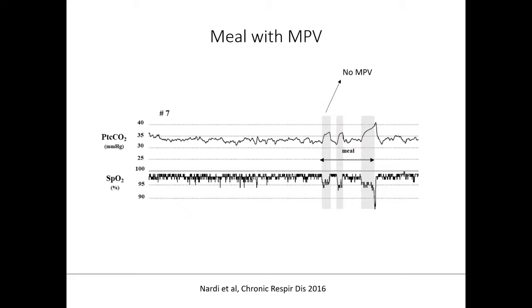Regarding eating, an interesting work from the team of Lofaso with Nardi and colleagues. You see here in patient number 7, one of their series of patients, that during a meal, when patients release the mouthpiece, they can have some increase in CO2 and also a little oxygen desaturation for sure at that time.